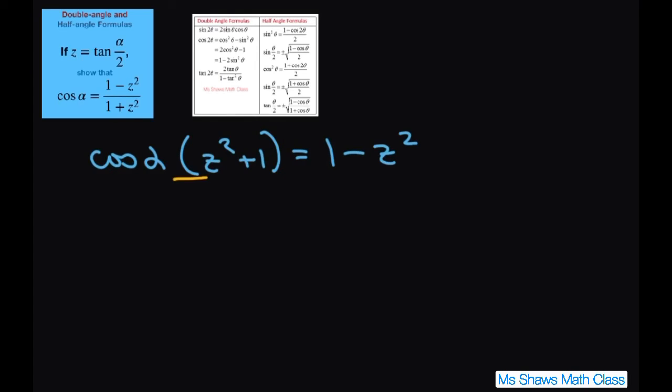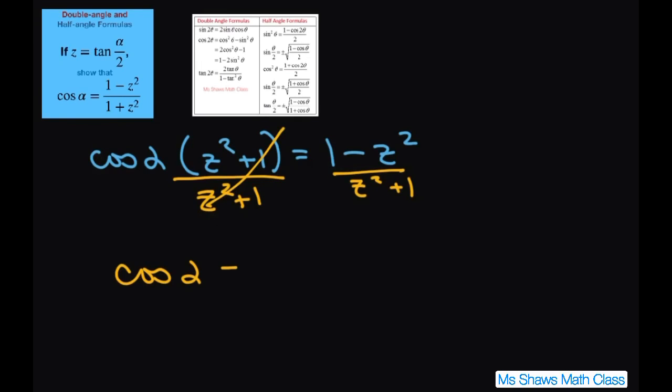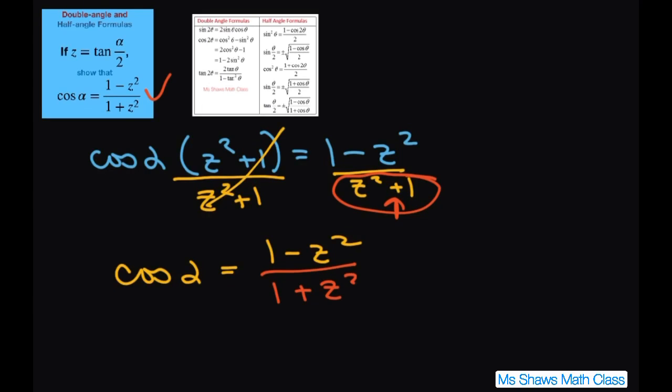The next step is divide both sides of the equation by z squared plus 1. And that cancels, so we have cosine of alpha equals (1 minus z squared) divided by (z squared plus 1). To make it match, you can switch these around because it is positive, so it doesn't make a difference. So that's going to be 1 plus z squared.